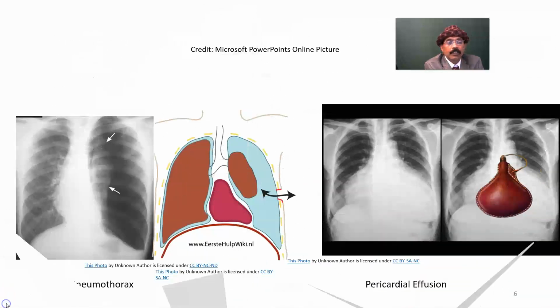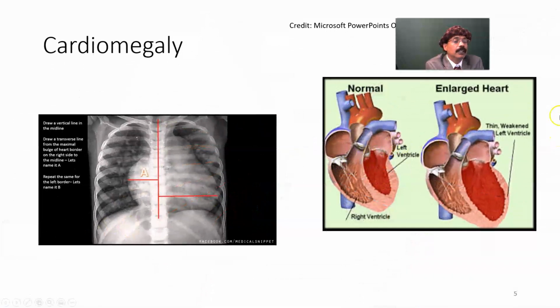So we got that. Now here is the normal heart, the left ventricle, right ventricle. Here the left ventricle wall is very thick. Okay, the ascending aorta, arch of the aorta, the right atrium, superior vena cava, inferior vena cava. Okay, here there is an enlarged heart, most likely due to dilated cardiomyopathy. The cavity is enlarged here.